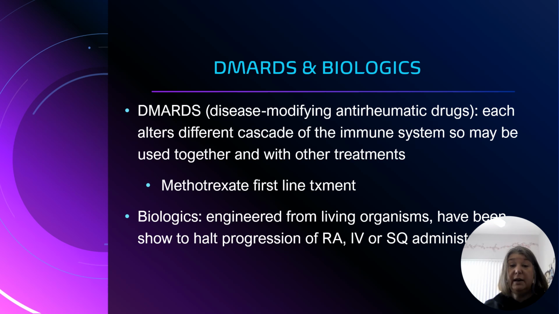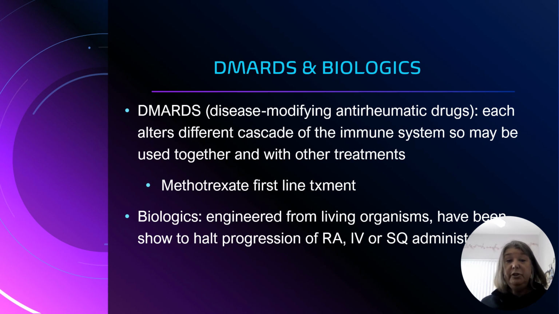Over the last decade, several medications known as biological therapies, which are genetically engineered medications made from living organisms and their products, such as proteins, have obtained approval by the U.S. Food and Drug Administration to treat RA. These medications have proven to be beneficial in slowing or even halting the progression of RA. That's one of the biggest things with RA, that it's progressive, right?